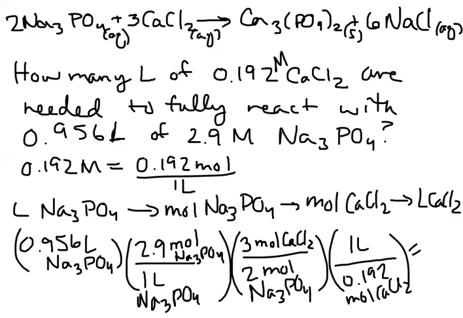Which will give me 22 liters of CaCl2 solution. Any questions on that? Which actually sort of makes sense because I have a pretty low concentration of my CaCl2 and a very high concentration of my Na3PO4. So you're going to need more of the low concentration to mix with less of the high concentration, okay?